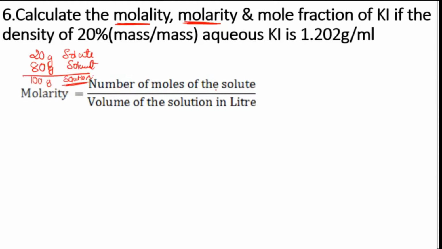Now to calculate number of moles, you all know: number of moles is mass divided by molar mass. So mass of the solute, that is potassium iodide here, will be how much?